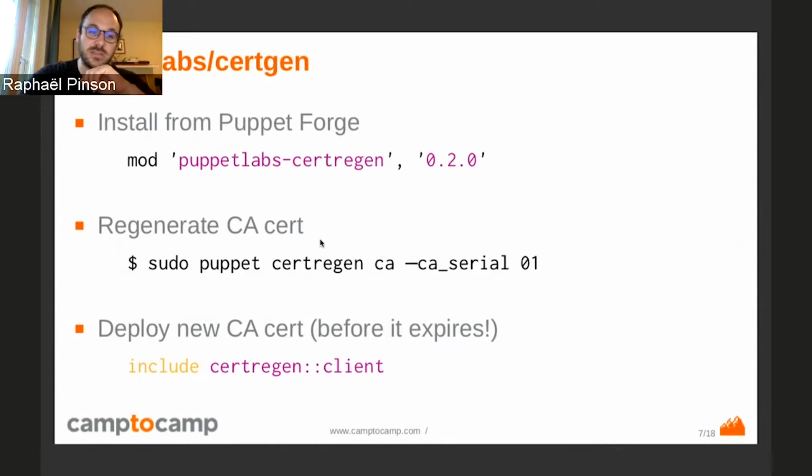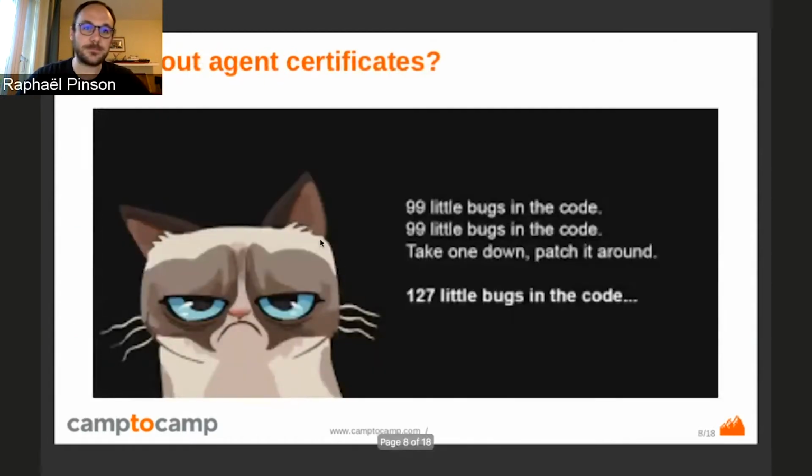And you can use the CertRegen client class to deploy the new CA cert to the agents. So you need to do this before it expires, obviously, because this means that your clients will get the certificate in advance, and they'll be able to trust this new certificate. And then when your certificate on the CA expires, your agents are already ready to trust your CA.